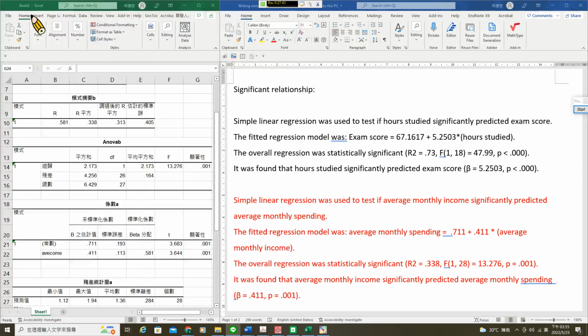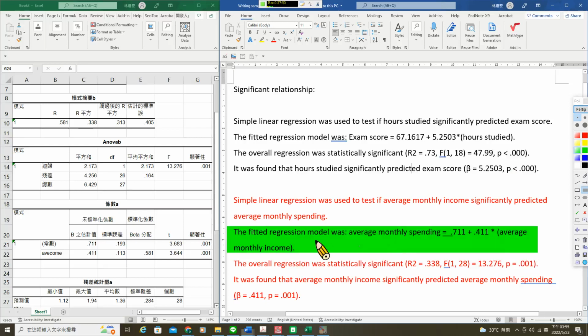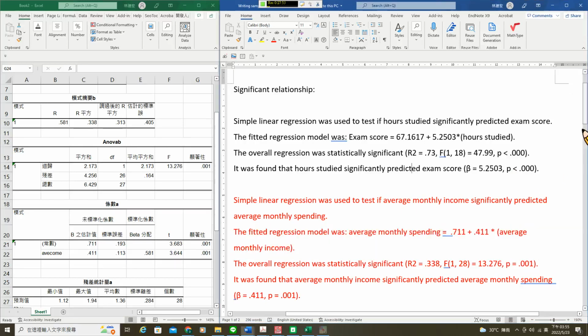Okay, so far. So let's see. We have used this formula and written it out. This is what we call the predicted fitted regression model. This is the model here. But we want to know whether this is significant.